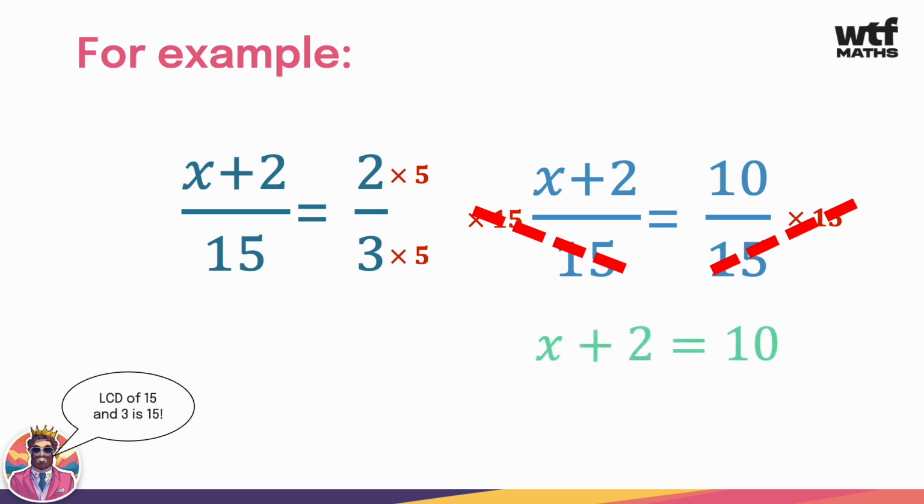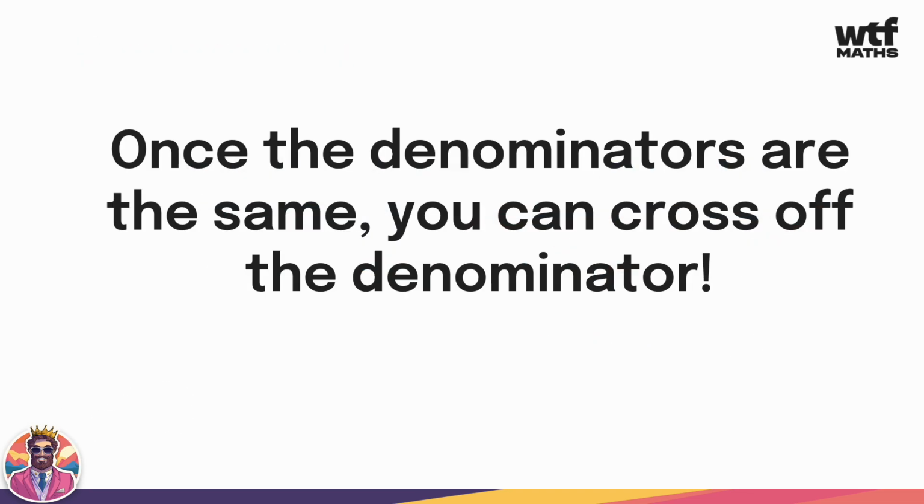So all we're left with now is x plus 2 equals 10. And we can probably work that out in our head. 8 plus 2 equals 10. Here's the important thing though. Once the denominators are the same, you can cross off the denominator. So that's our goal. Get the denominators to be the same number and then we can cross them off.